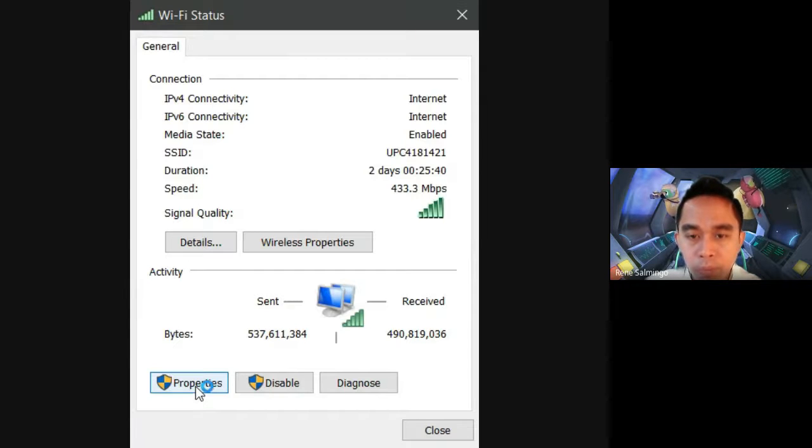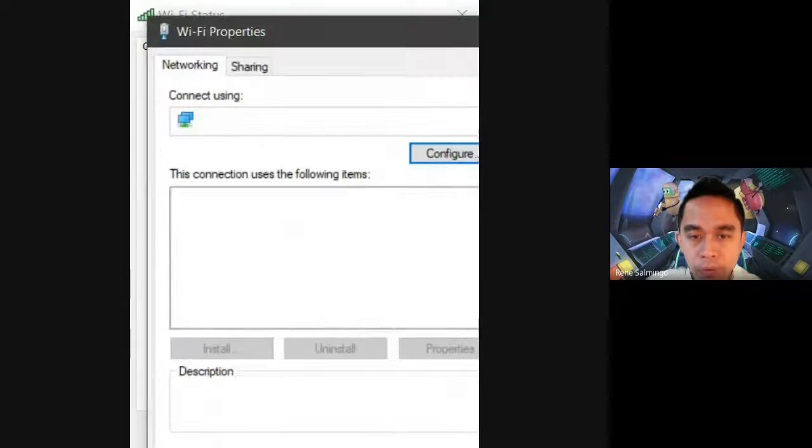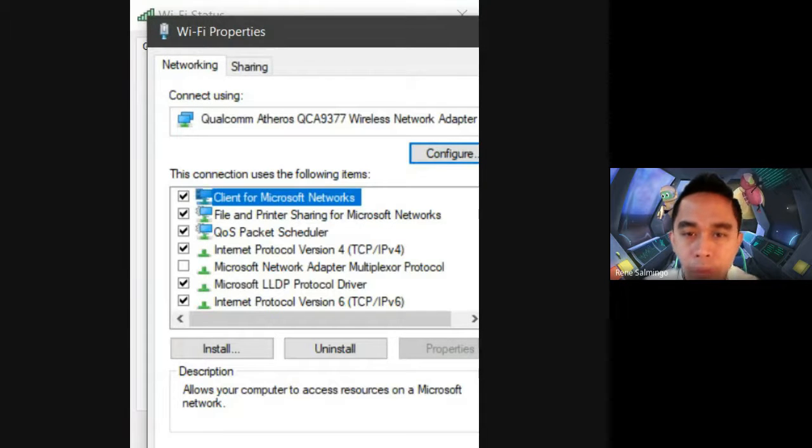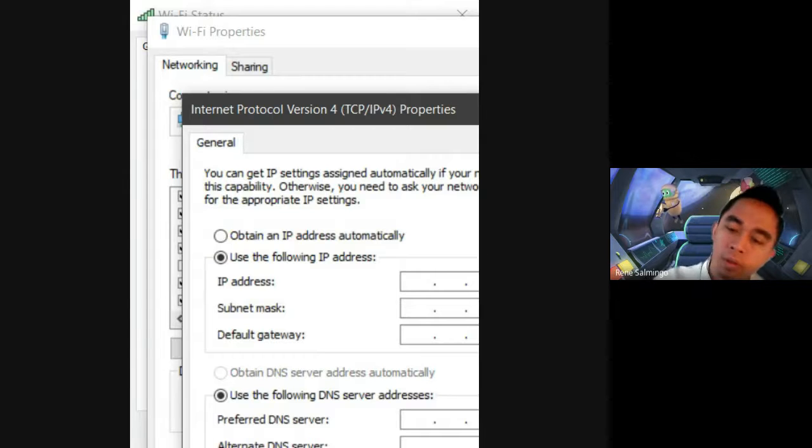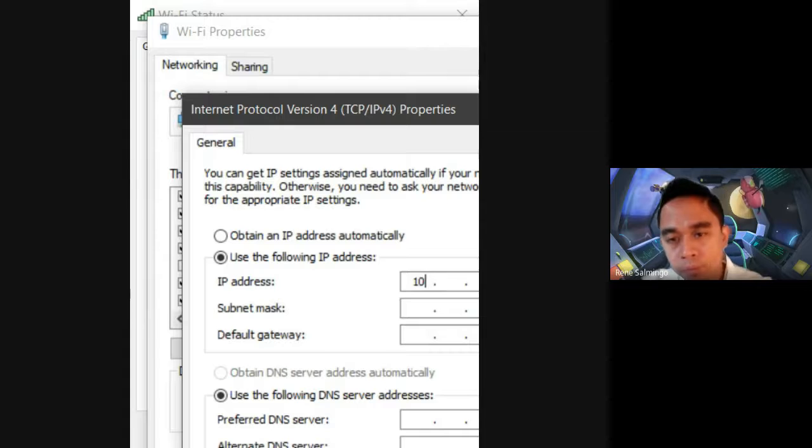Hoping the pop-up will appear. Okay, there is a pop-up, and you will have to type this. Take note, if you type 10 dot, this is automatically generated.